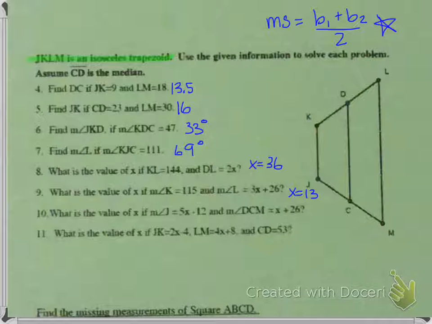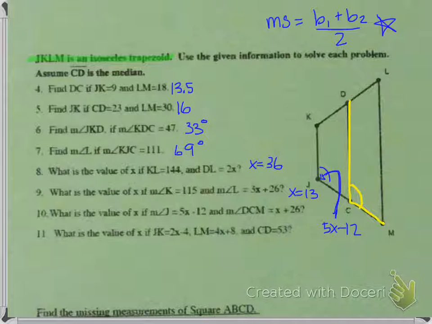Alright, let's take a look at number 10. What is the value of x if measure of angle J, right here, is 5x minus 12? Okay, and measure of angle DCM, let's look at where that is.